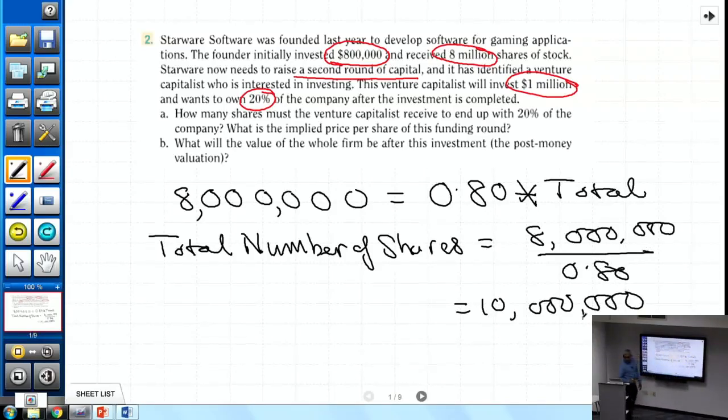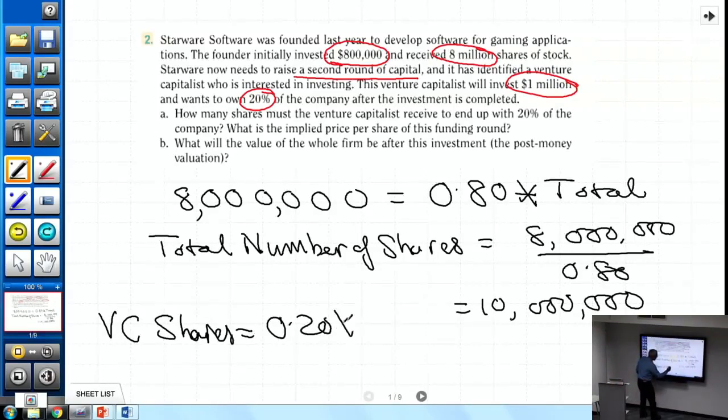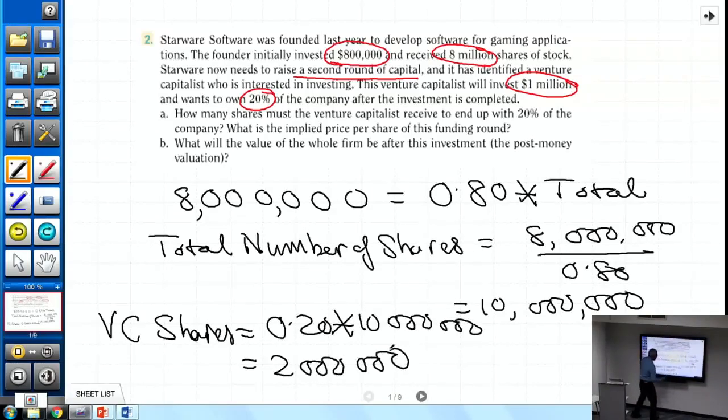Okay, so they'll have 10 million shares outstanding. Now the venture capitalist will get 20% of that 10 million. So venture capitalist shares is going to be 20% of 10 million, which is going to be 2 million shares.